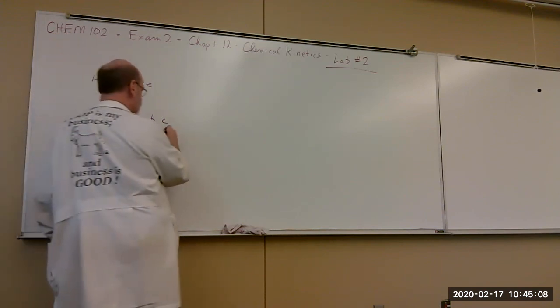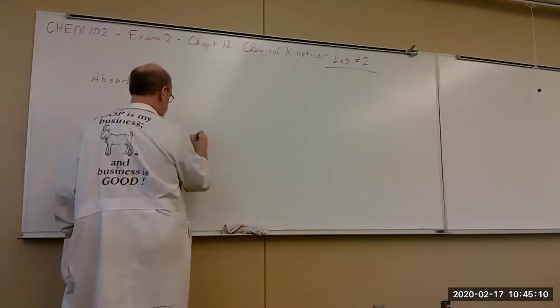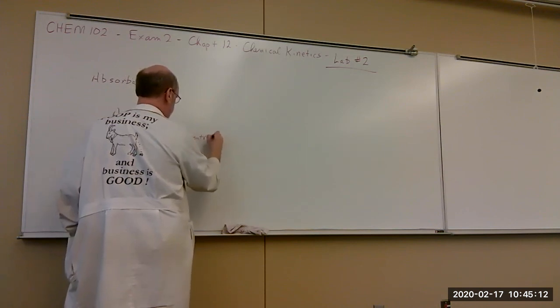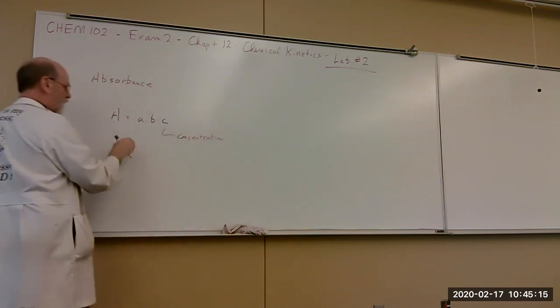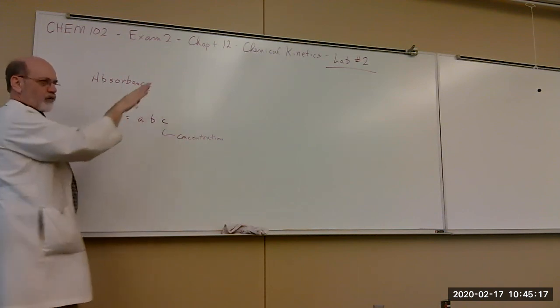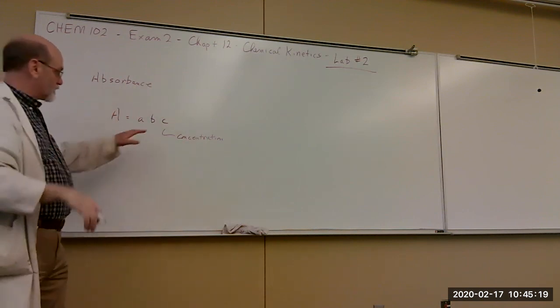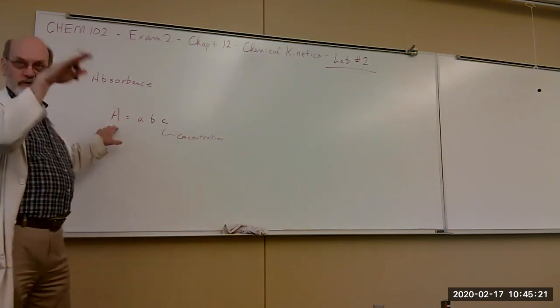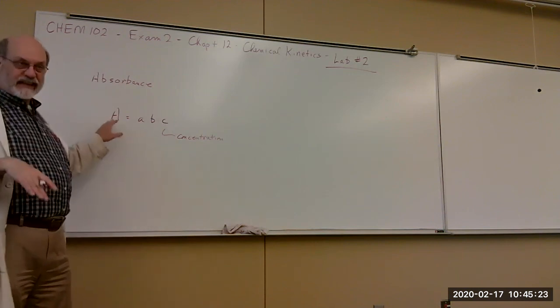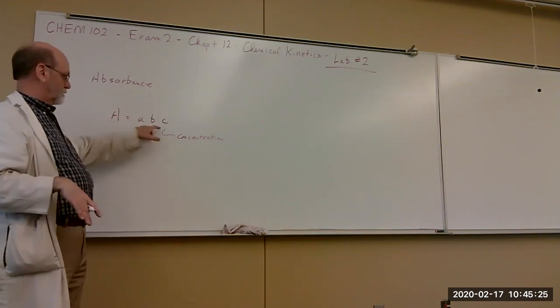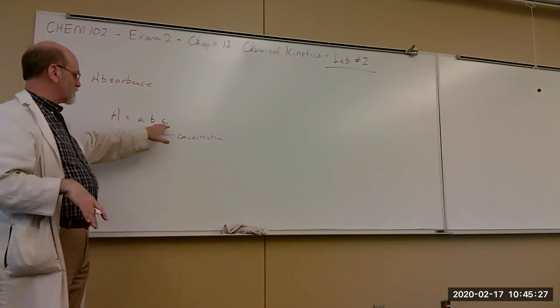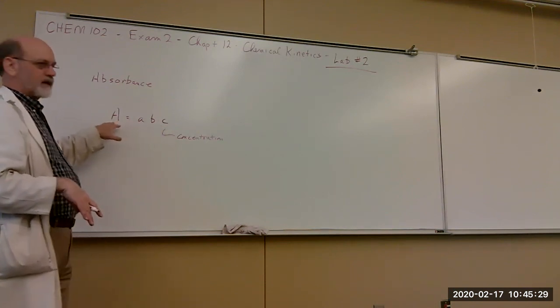C is concentration. So as concentration increases, absorbance increases. That's why as the concentration decreases, the absorbance will decrease. And it's a linear response. So as the concentration changes, it changes linearly with absorbance.